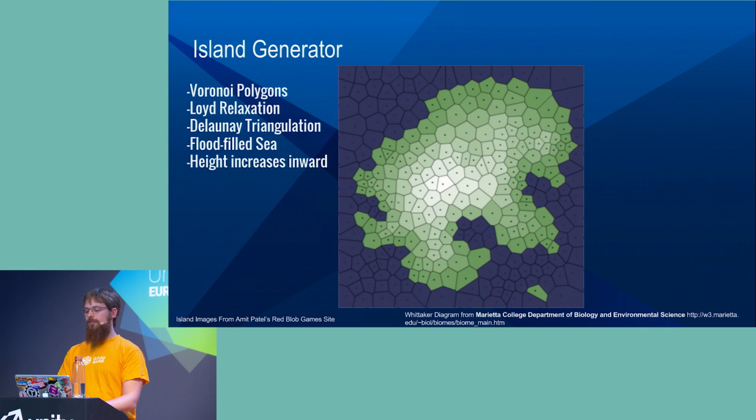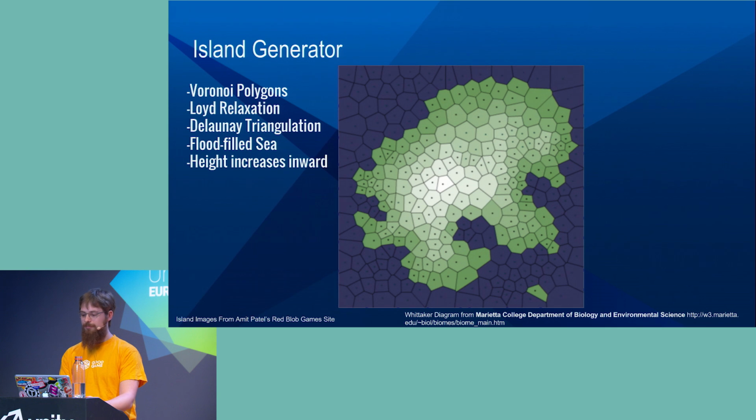The next thing he did is start off at the corners and work inward, raising the height of each of those individual points. At some point you cross sea level, and then you get the outline of your island. As you go closer and closer into the island, it gets higher and higher, which is pretty close to how islands are actually built.